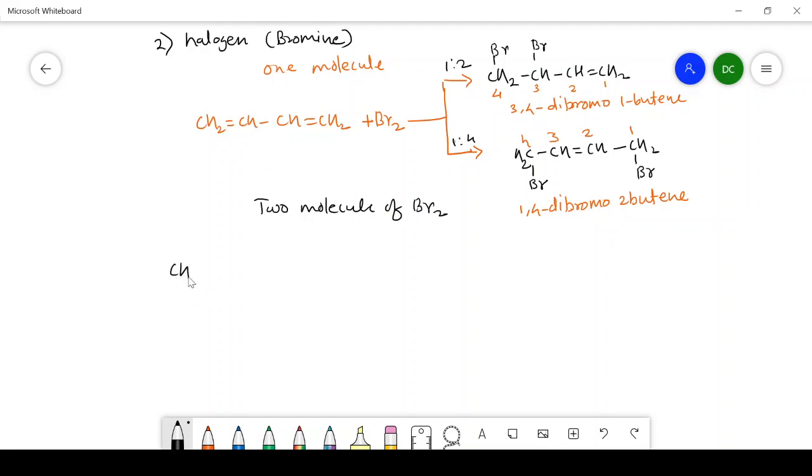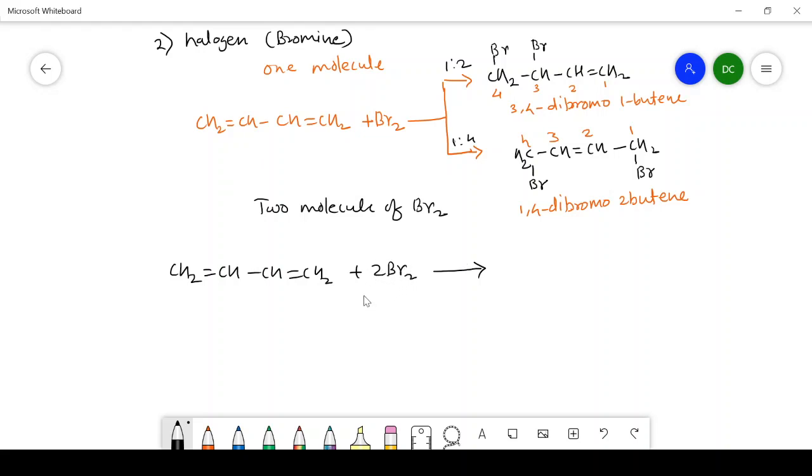This is a simple reaction in which we will take twice Br2. In this reaction, there is no 1,2 addition, no 1,4 addition, just twice Br2.